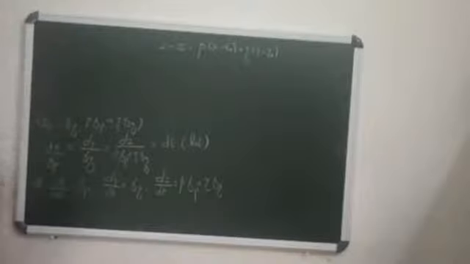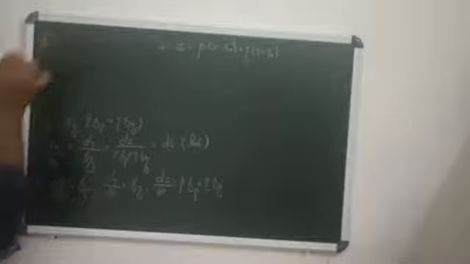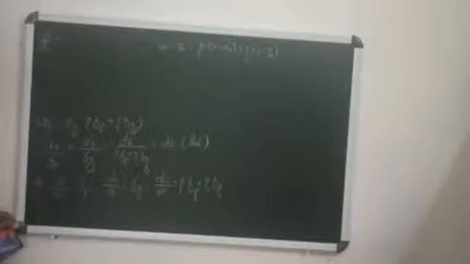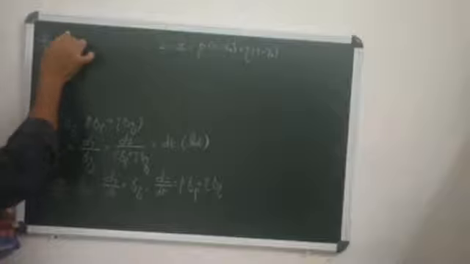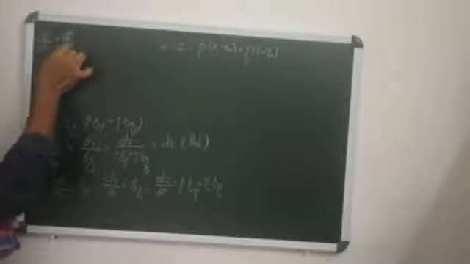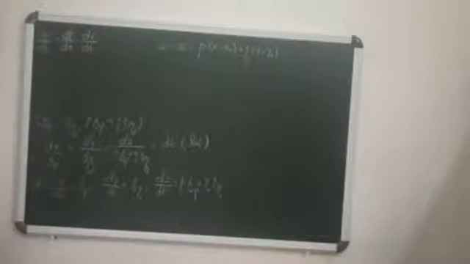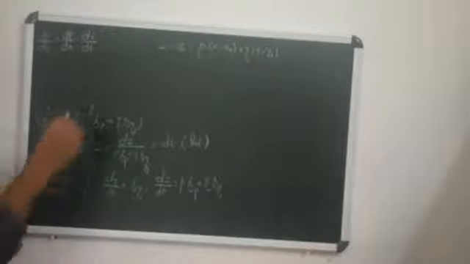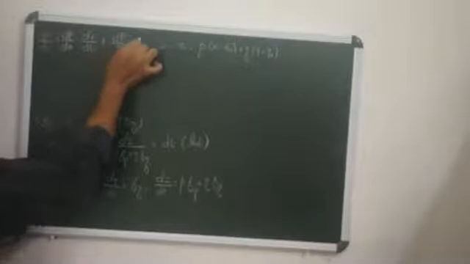dp by dt means it is dp by dx into dx by dt plus dp by dy into dy by dt.